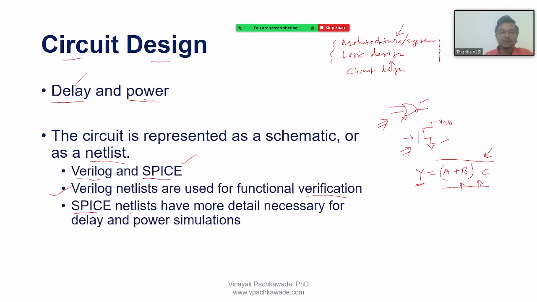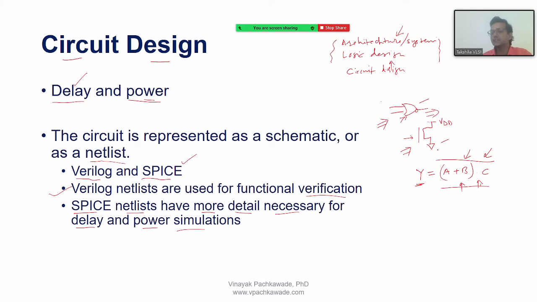A SPICE netlist, on the other hand, has more details which are necessary for delay and power simulations. We'll see that the Verilog netlists are useful to describe the logic, but they are not necessarily providing information about how much power is being consumed by this particular function, and what is the speed, or in other words delay, that the circuit that we will realize offers.